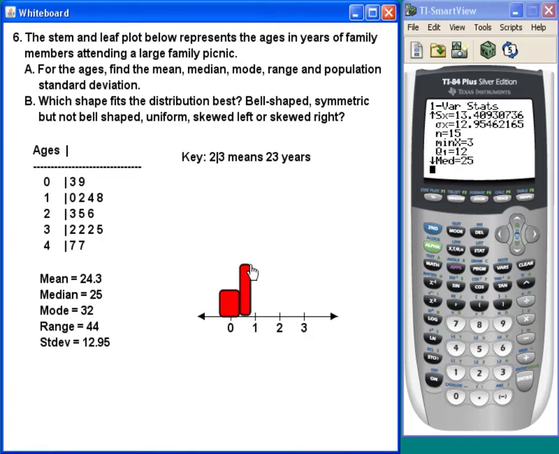This would have a frequency of 4. The next one a frequency of 3. Oh, and I didn't give myself enough space here. That's a shame.